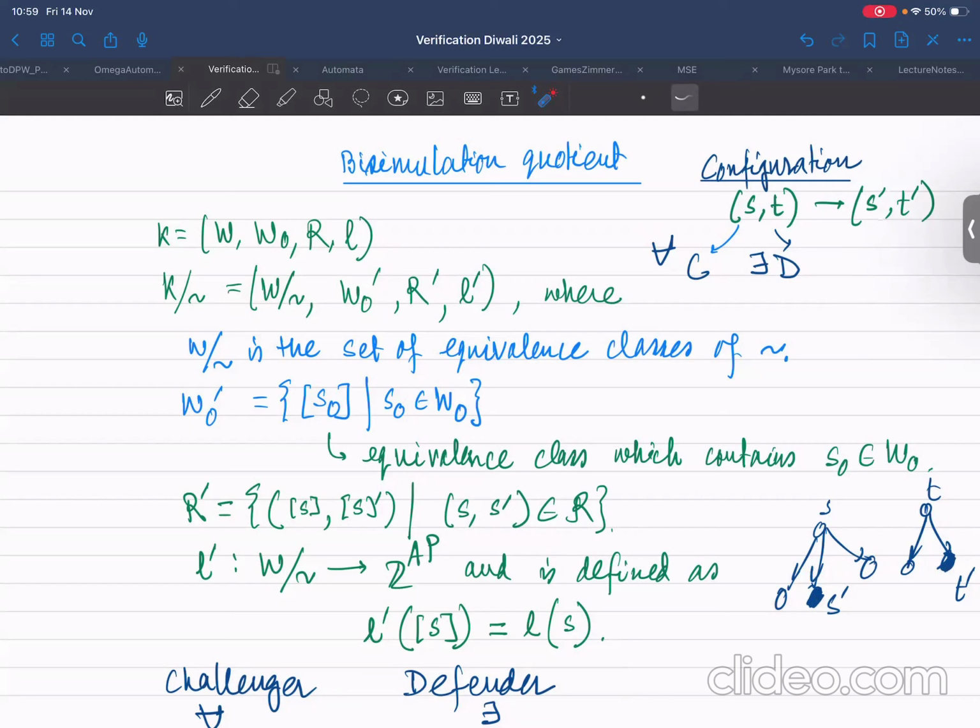I think S double prime will be a successor of S prime, right? Okay, S double prime is a successor of S prime is what you were saying. And then from T prime, it has to find a T double prime. Okay, fine. What else could the challenger have done?